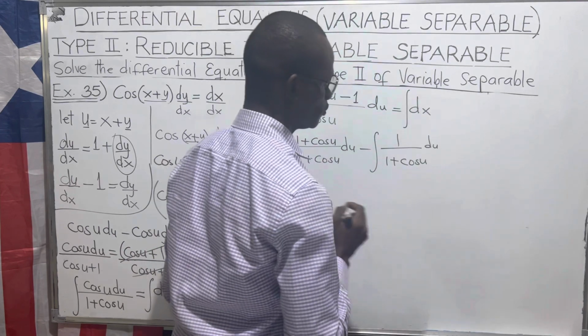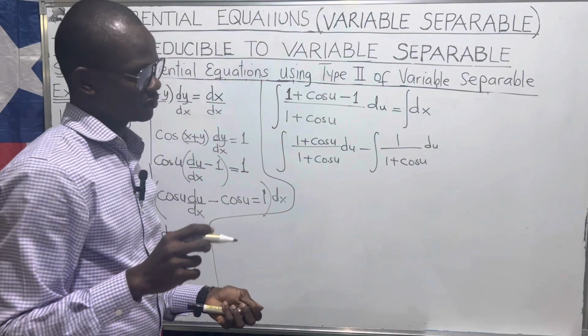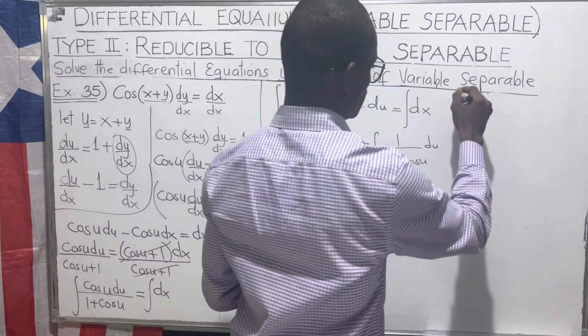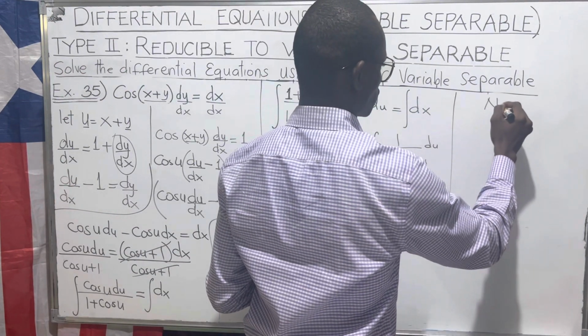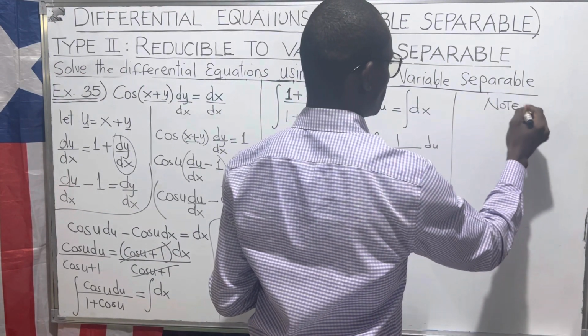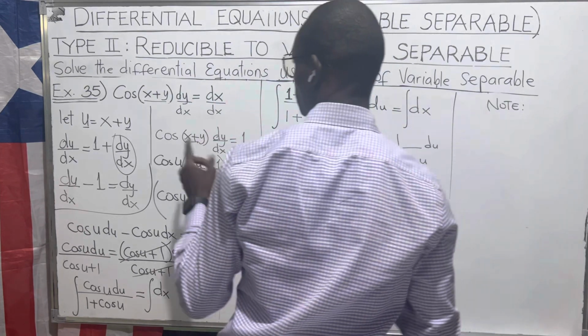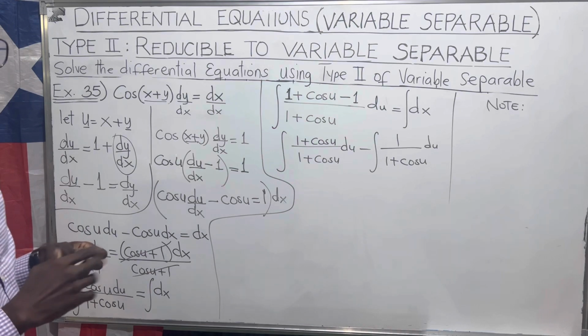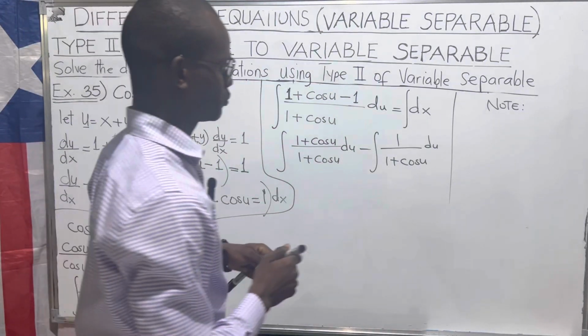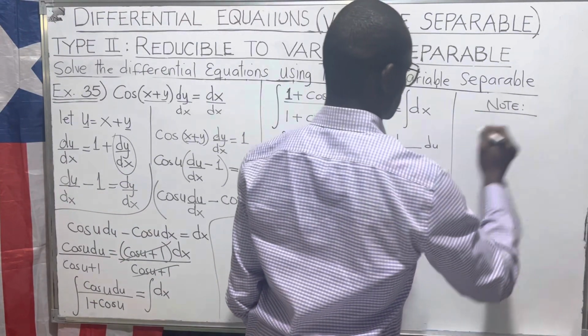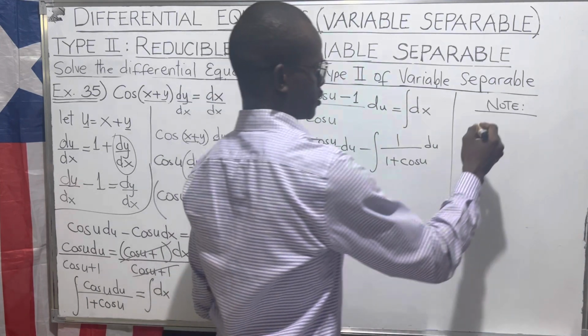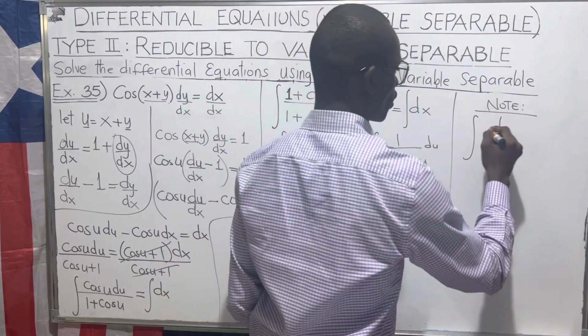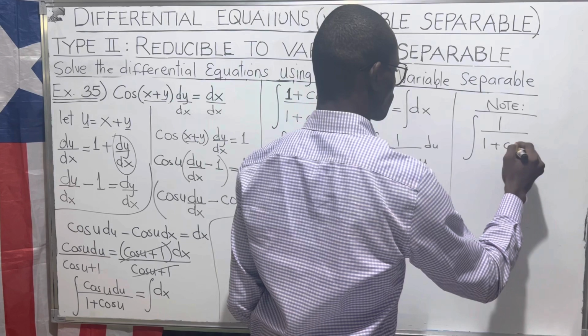But in our previous lesson, in lesson 30, 34, 33 or 32, one of them, we solved the integral of 1 all over 1 plus cos of u.